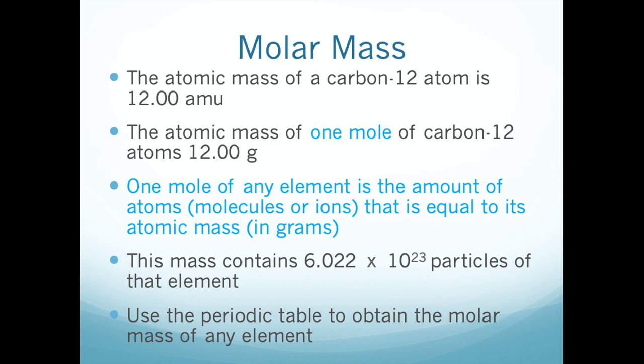Okay, so essentially, instead of using atomic mass units per atom as our conversion factor, just realize those numbers in your periodic table, those decimals, are in grams per mole. Okay, we're just picturing different units, but the numbers themselves are the same.